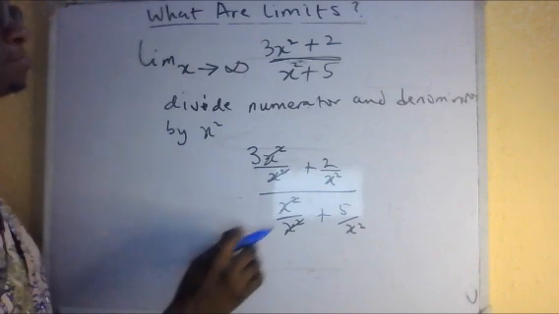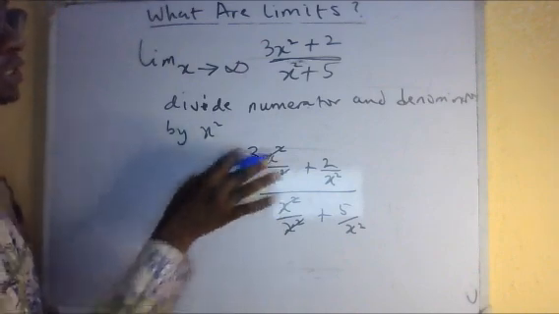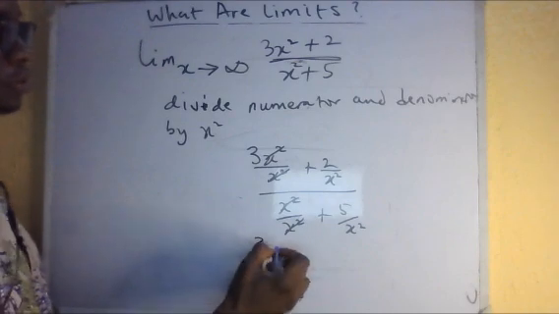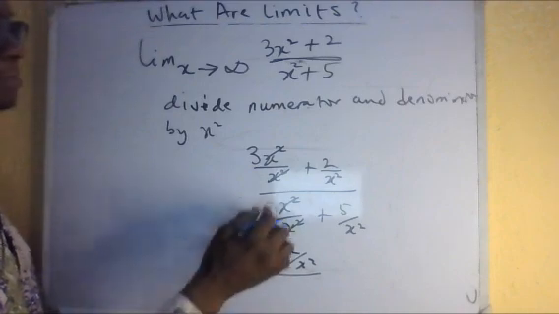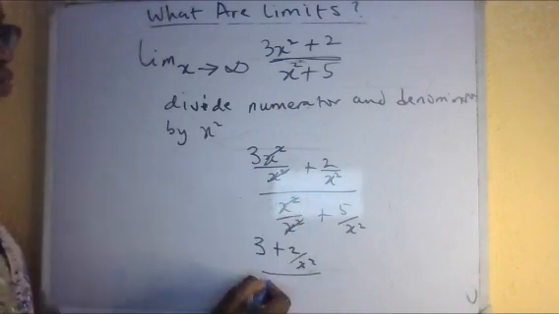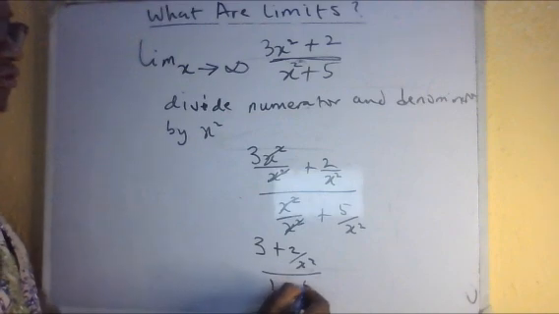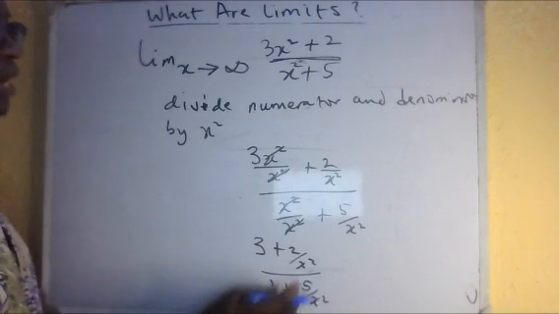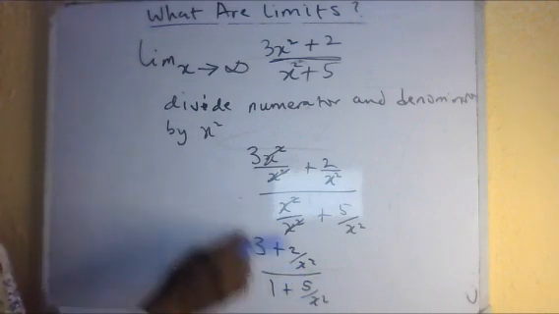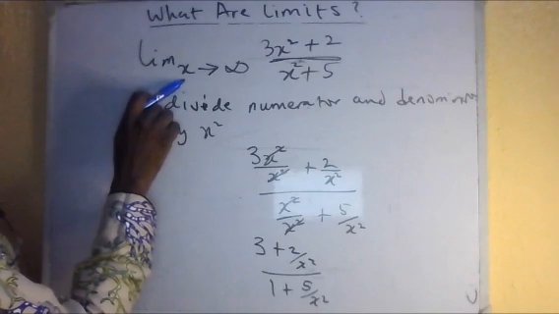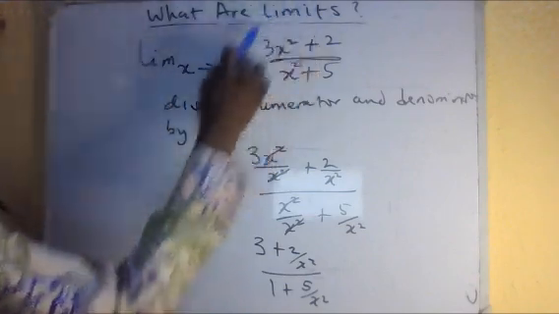What is left now is 3 on this term, 3 plus 2 over x squared, all over 1 plus 5 over x squared. So I cannot conveniently put my infinity substitution here because I'm told that as x tends towards infinity, what will this function become?